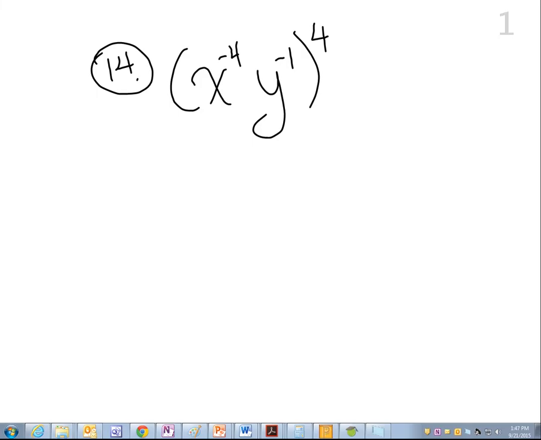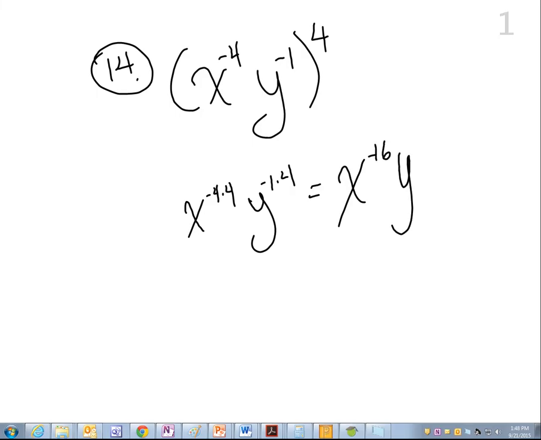Yes? Yeah, it says to multiply. So I'm going to have x to the 4th times 4, y to the negative 1st times 4, which is going to be x to the 16th multiplied by y to the negative 4.